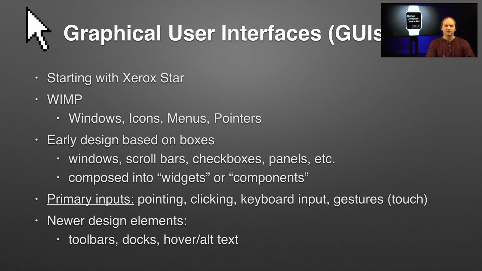You interact with them. Early designs and still current designs put a focus on the windows themselves, on different form elements, we usually call them, like scroll bars, checkboxes, panels. There's a big focus on composing things into widgets, or components that are reusable.